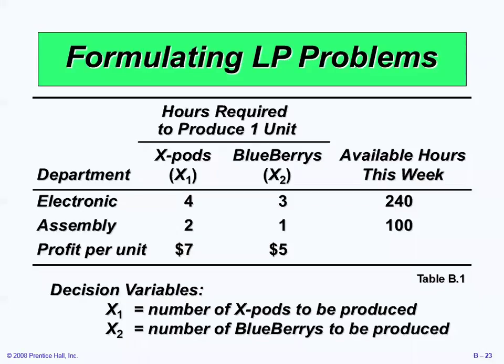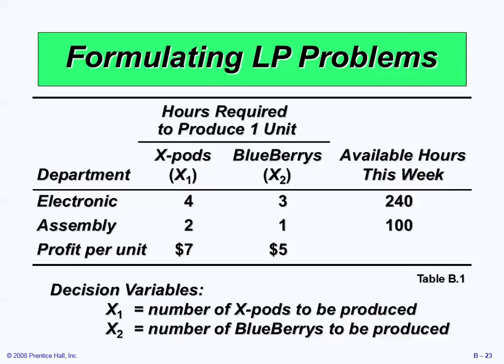Okay, so the basic goal here is we need to determine how many X-Pods, so that's why the decision variables are the number of X-Pods to be produced and the number of Blueberries to produce. So in a product mix problem, always the decision variables are the quantity of each of the products to be produced. And the whole point is everything is expressed in terms of that.